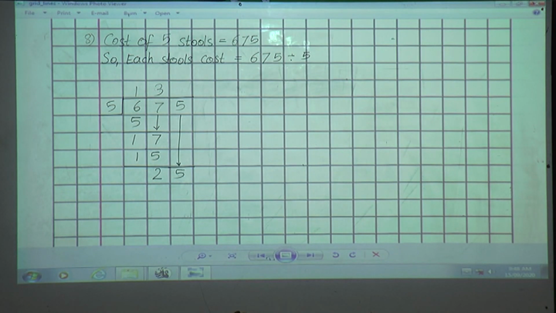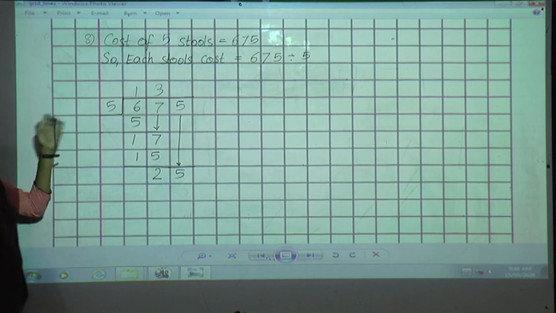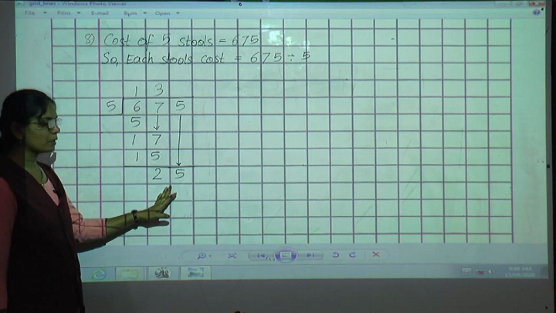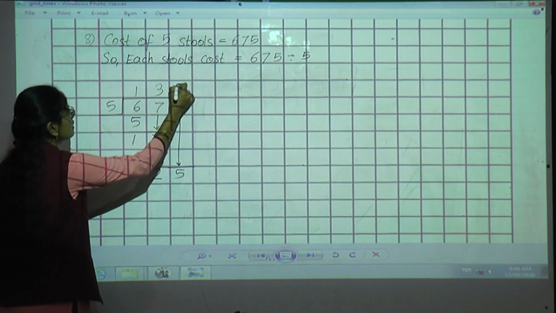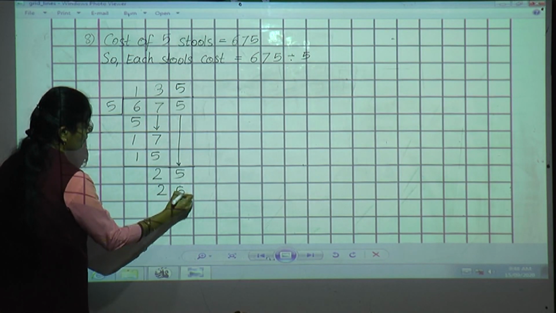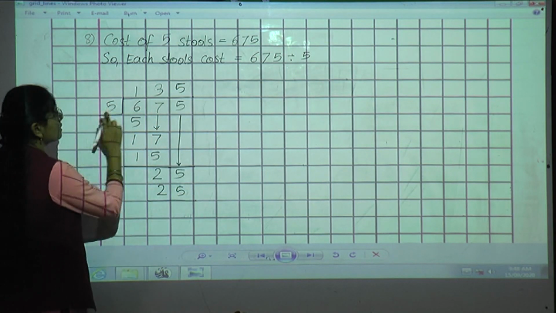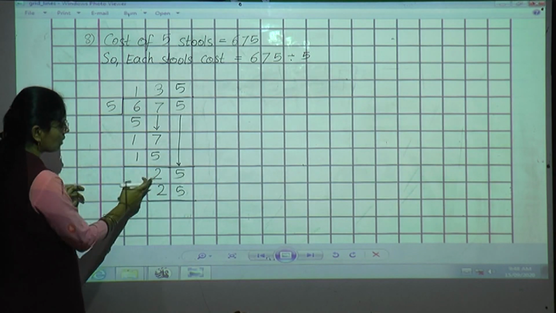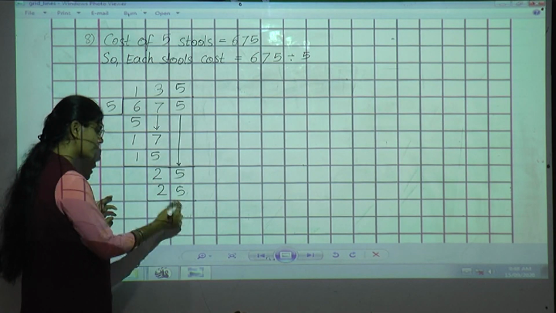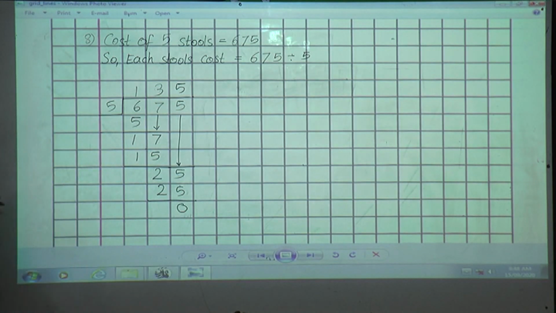Okay. Now 25 by 5. See the table of 5 here. In the table of 5 you can see the number 25. Yes. 5 5s are 25. Now subtraction. 25 minus 25. Here 0 will remain.